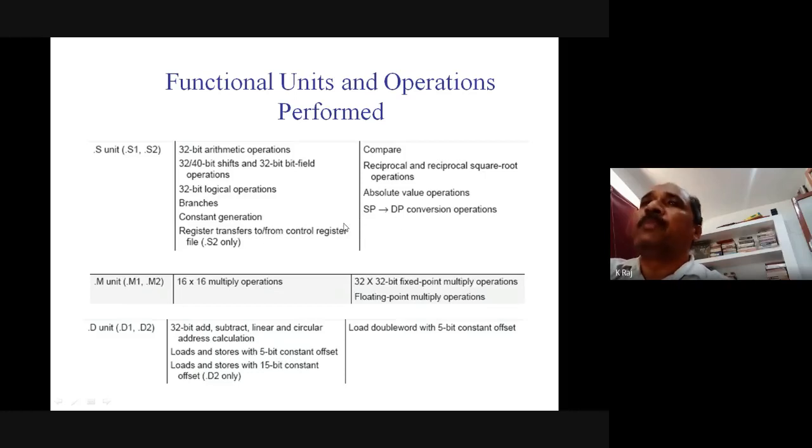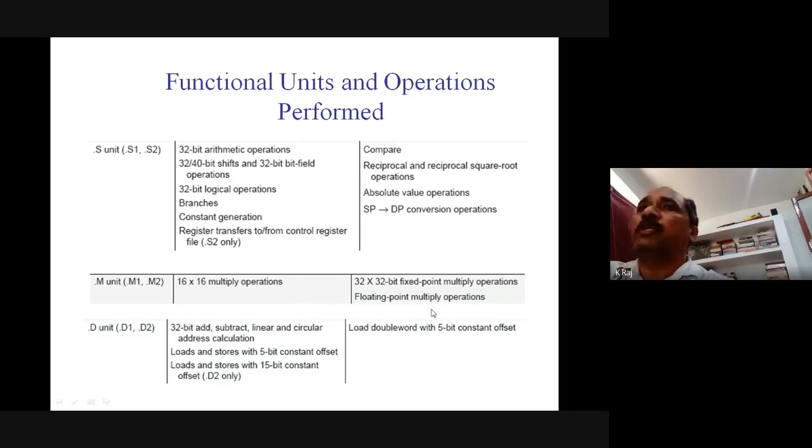single precision to double precision conversion operations here. The .M unit, either M1 or M2, performs 16 by 16 multiply operations in fixed point, and 32 by 32 bit fixed point multiply operations and floating point multiply operations.